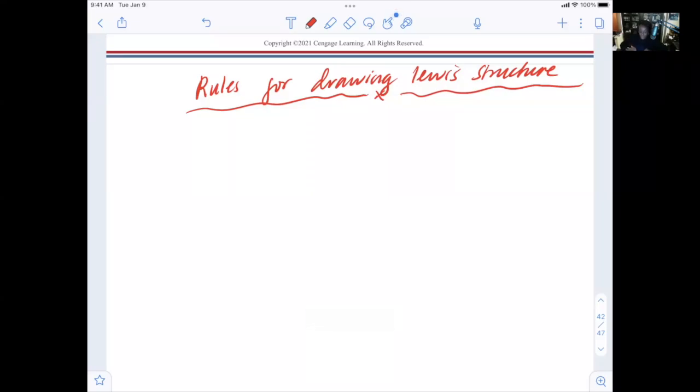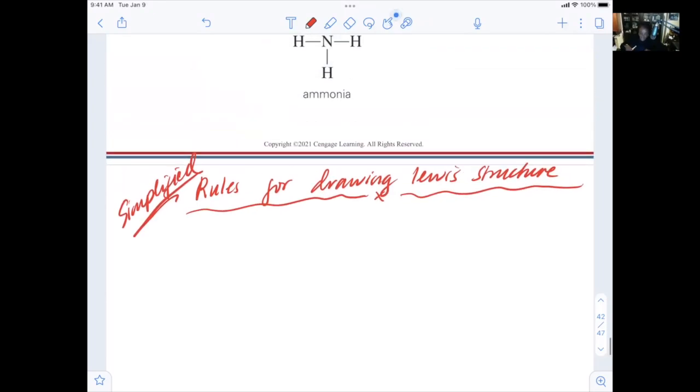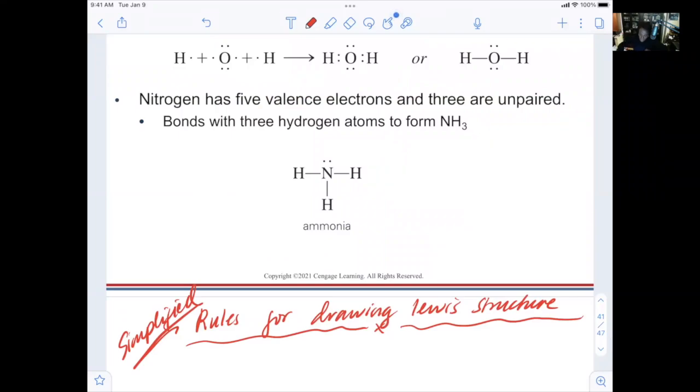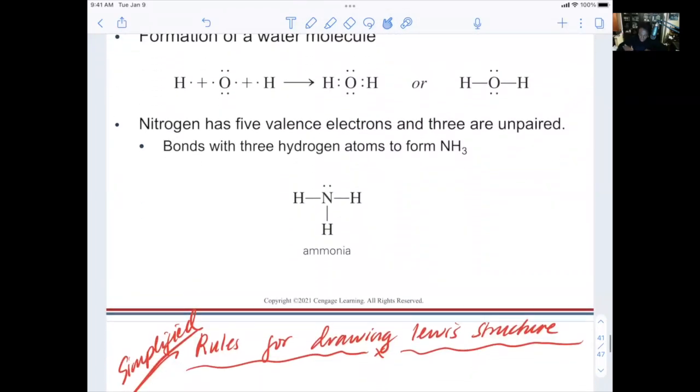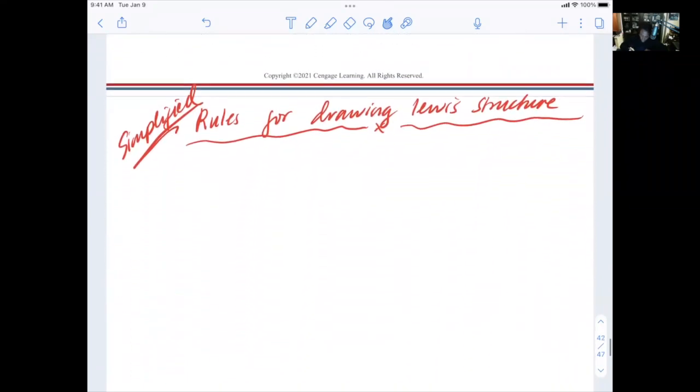Okay, so what I'm going to show you here is the simplified rules for drawing Lewis structures. I was going to show you the other way, but I decided to just show you the simplified rules. With this one, just like we did before, you start off with water.